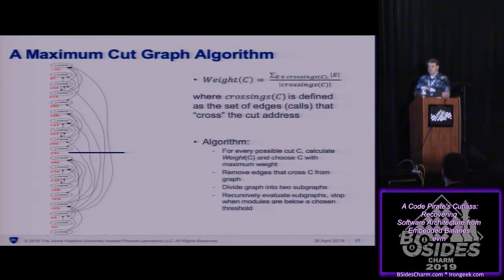So what I try to do is develop a different approach. Normally in graphs you're trying to minimize a score, and you make a cut based on a minimum score. This is a maximum cut approach.